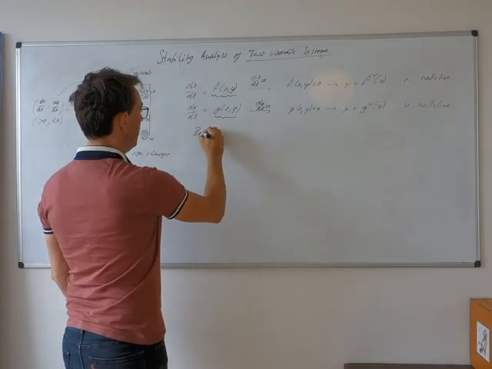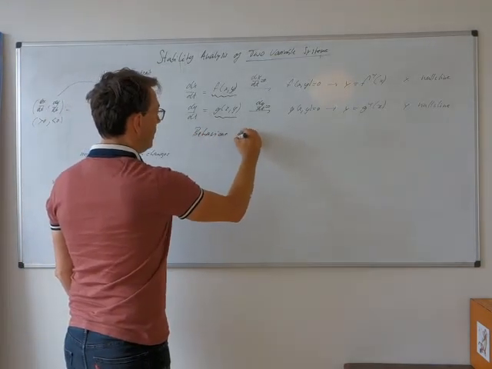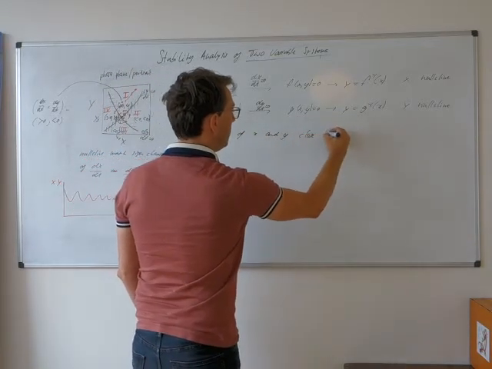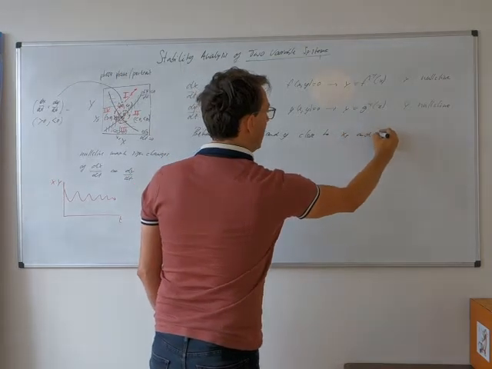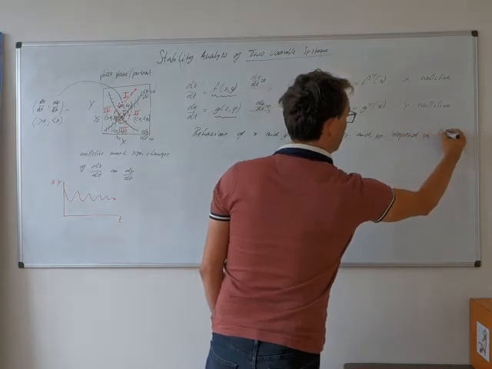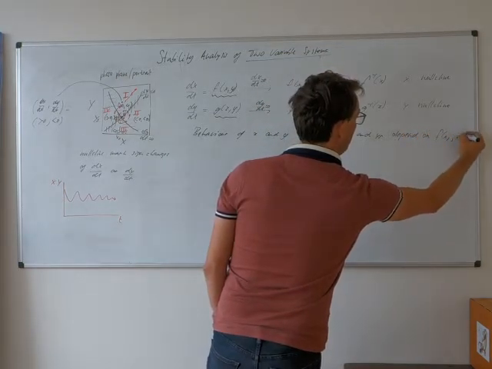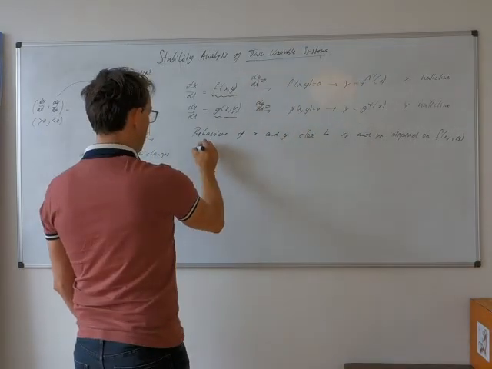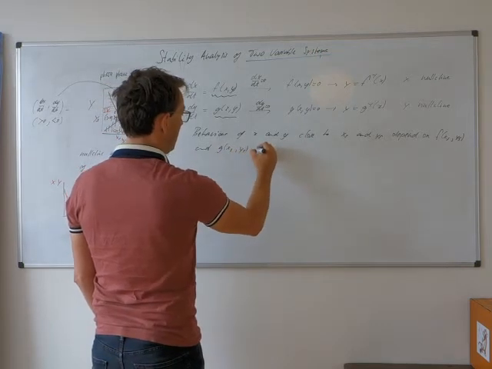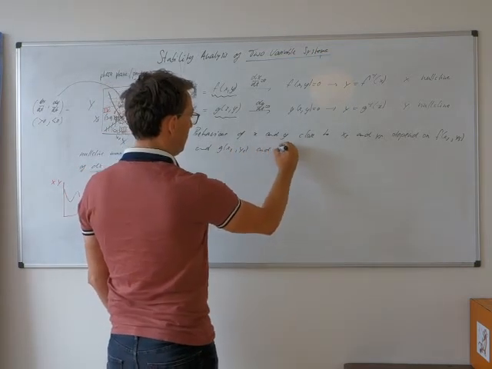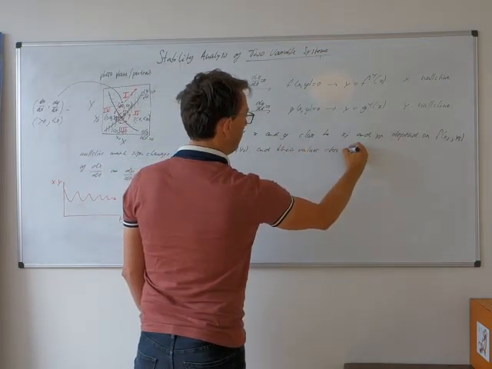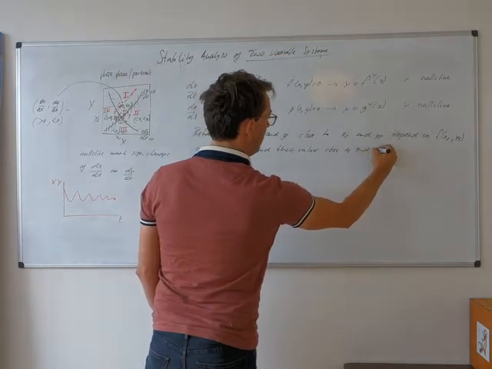So behavior of x and y close to xs and ys depend on f(xs,ys) and g(xs,ys), right? And their values close to xs and ys, okay?